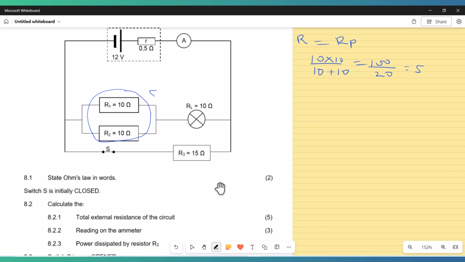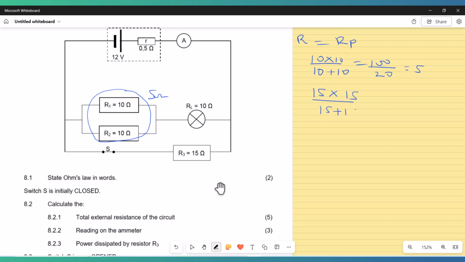These two combined give us 5 ohms. Now the 5 ohms here plus this 10 gives us 15, and this 15 is in parallel with this 15 here. So again we use the 15 multiplied by the 15 on top, then divided by the sum, 15 plus 15.